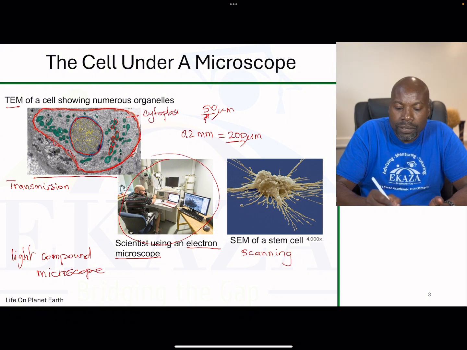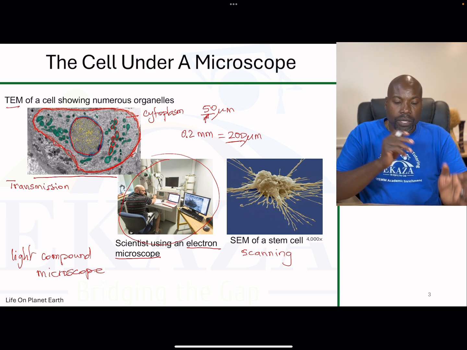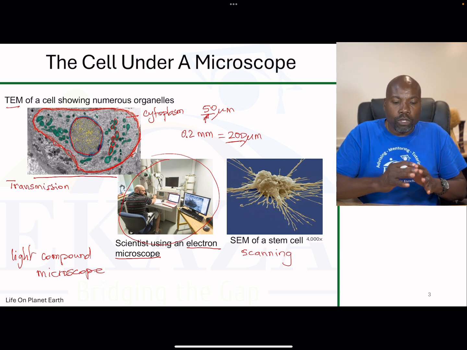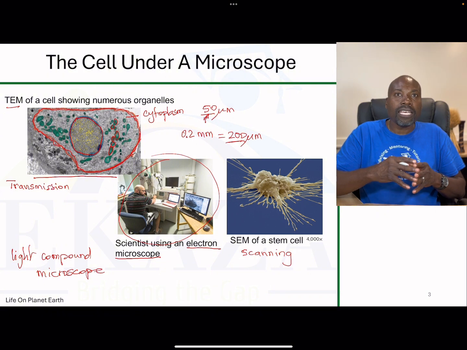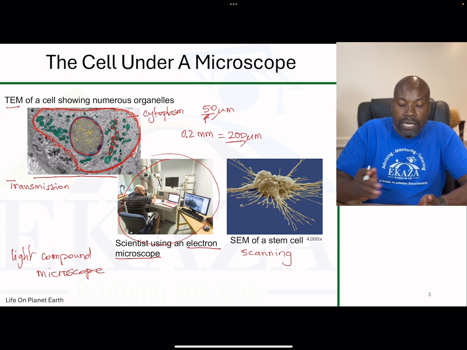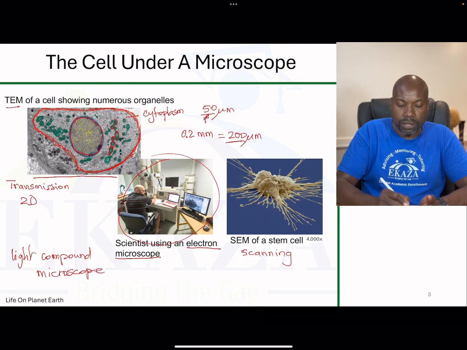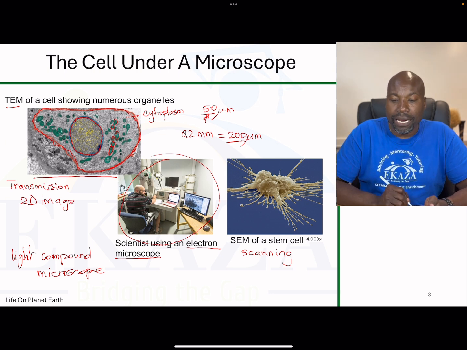All right? So the transmission electron microscope allows us to see fine details inside of cells, and these fine details appear in a two-dimension image, 2D image. Now, how about a scanning microscope?